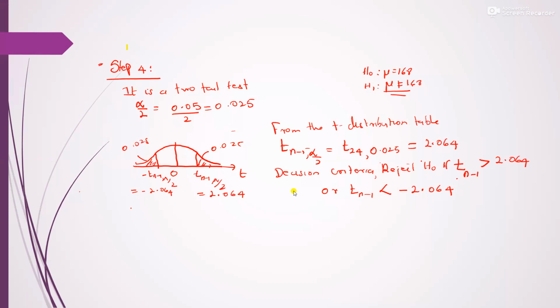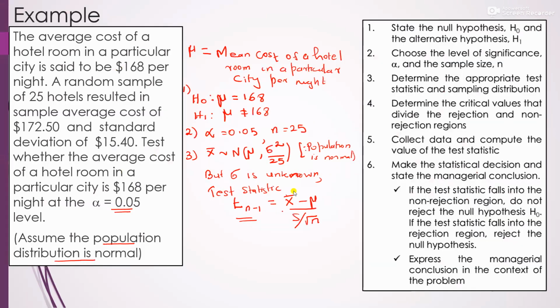Then part 5, computing the test statistic. T n minus 1 is equal to x bar minus mu over s over square root of n. x bar is 172.5, I think, 170.25, and S is equal to 15.40.